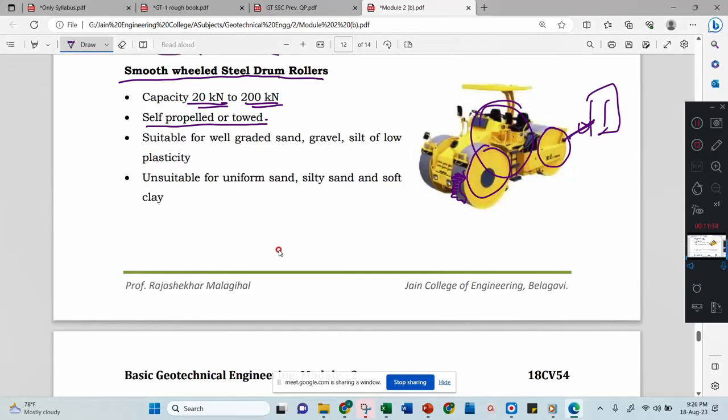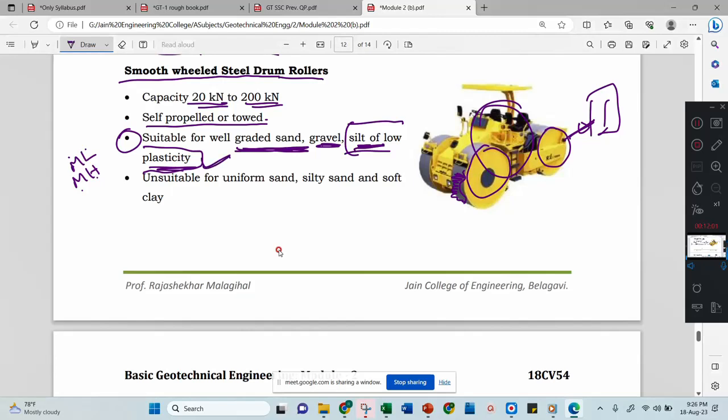Suitable for, this point is very important. Suitable for graded sand, gravel, and silt of low plasticity. Silt can be high plasticity or low plasticity, that is your ML and MH, right? But this type of compaction is for silt with low plasticity only.